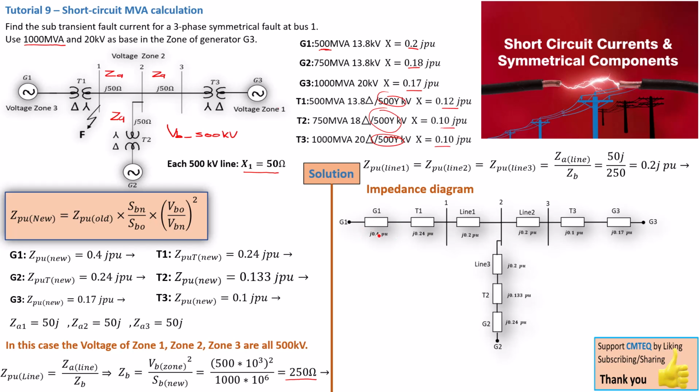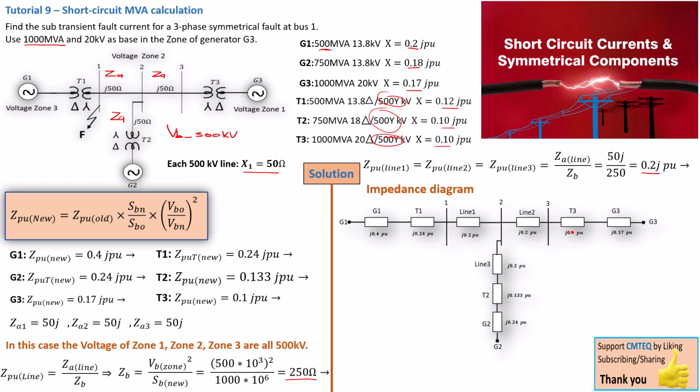Now this is quite a busy impedance diagram, but we can see that G1 here is 0.4 per unit. So there is G1, and we can see that T1 is also 0.24 j per unit. And then we move on. Line 1 here, Z per unit for line 1 is 0.2 j per unit as we've calculated there, and for line 2 it will be the same, and for line 3 it is also going to be the same.